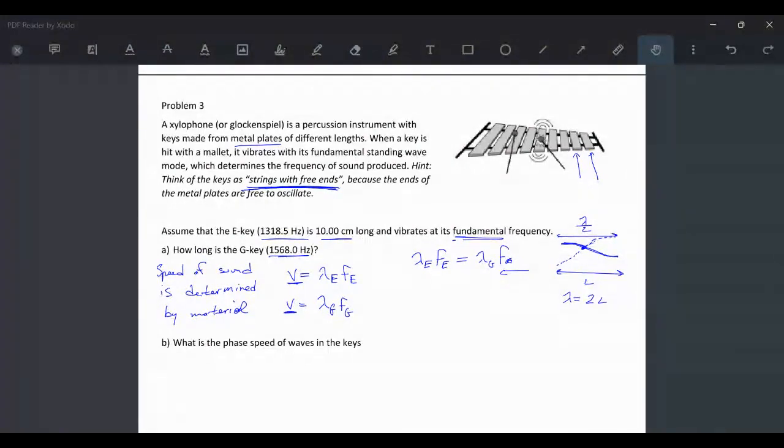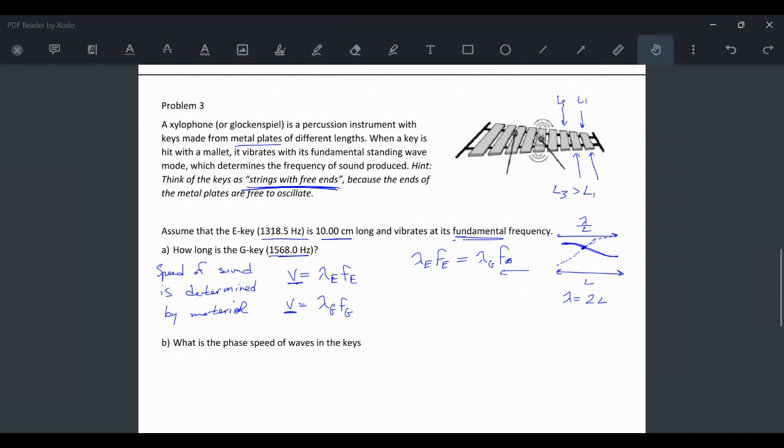And the key thing here is that, as you notice, this is the length of one key. This is the length of the third key. And as we move to the left along the instrument, the lengths get bigger.